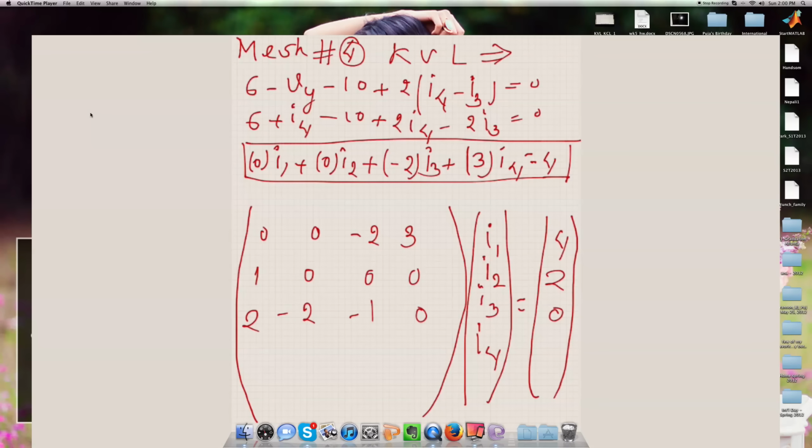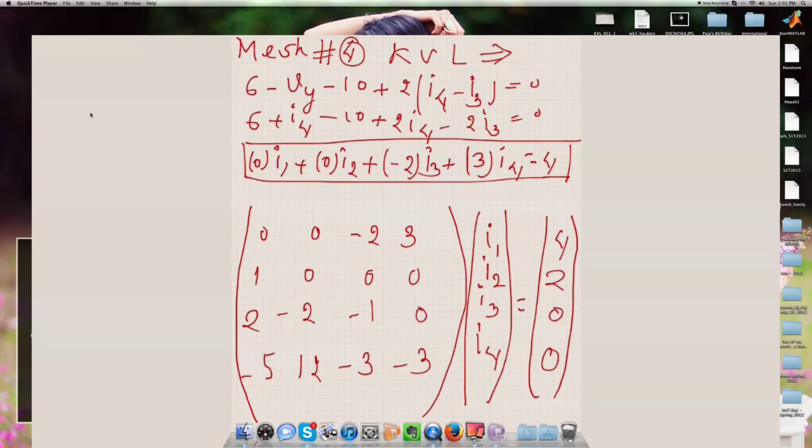So the last row is the one with the minus 5. That will give us minus 5I1 plus 12I2 minus 3I3 minus 3I4 is 0. So minus 5, 12, minus 3, and minus 3 equals 0.